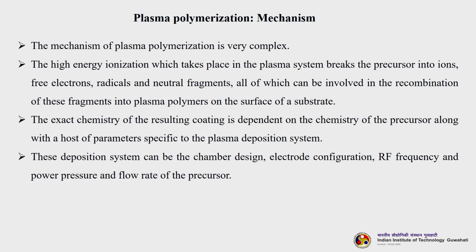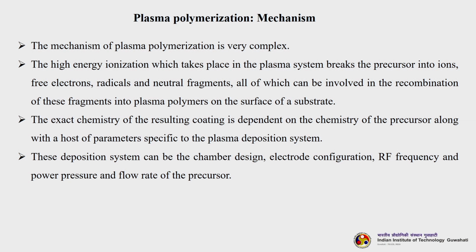Let us understand the mechanism. Actually, the mechanism of plasma polymerization is very complex. The high energy ionization which takes place in the plasma system breaks the precursors into various ions, free electrons, radicals and neutral fragments, all of which can be involved in the recombination of these fragments into plasma polymers on the surface of the substrate. That means the precursor in various forms is deposited on the surface of the support.